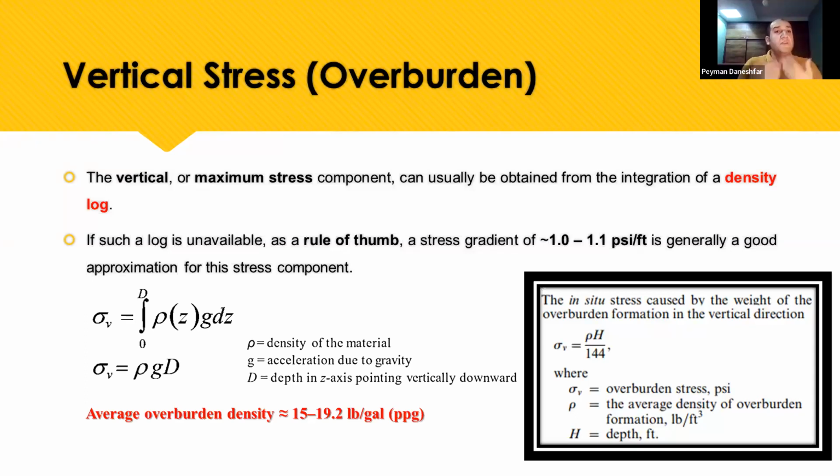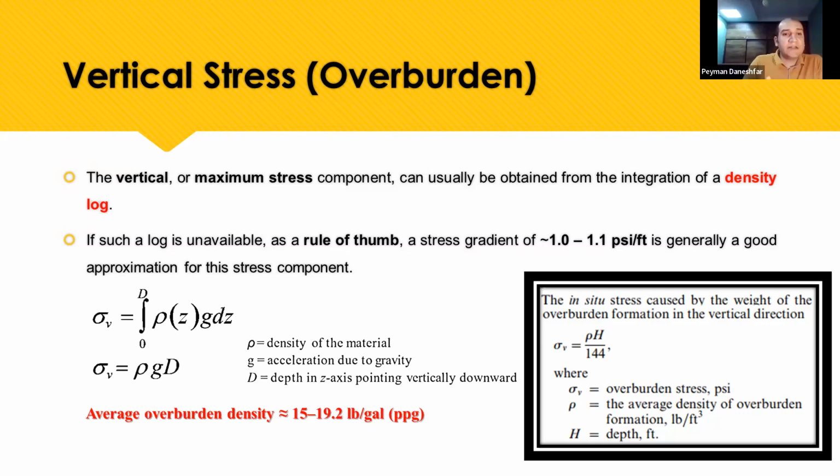And if we don't have any data about that, we can keep in mind a rule of thumb that it's about 1 to 1.1 psi per foot, and it's generally a good approximation for this stress component.